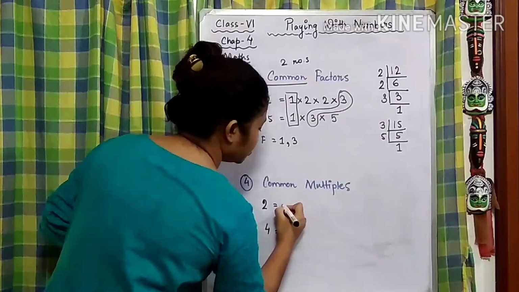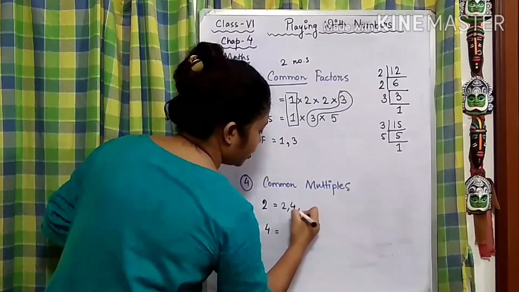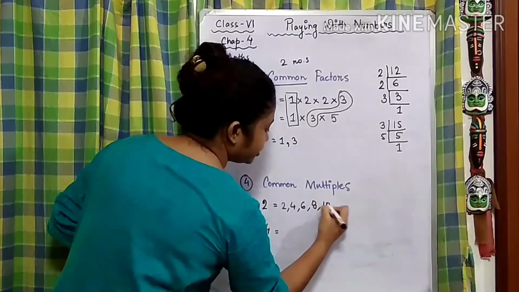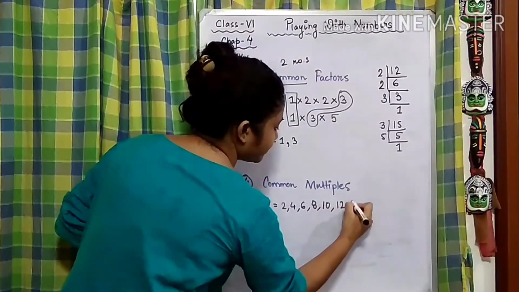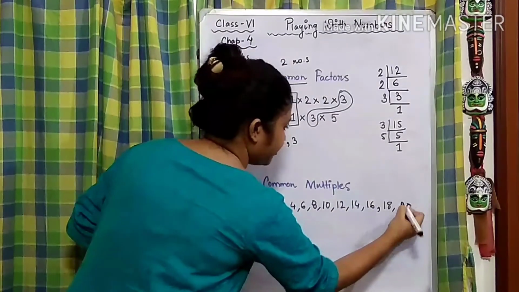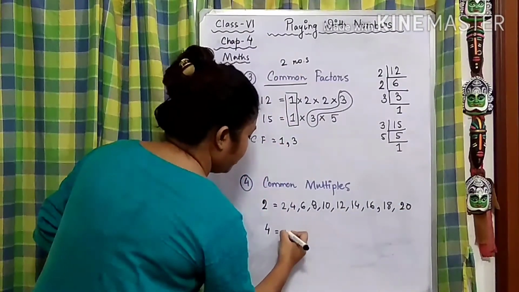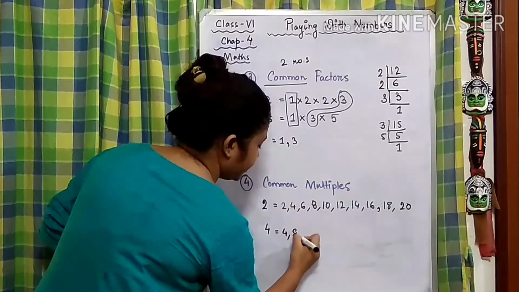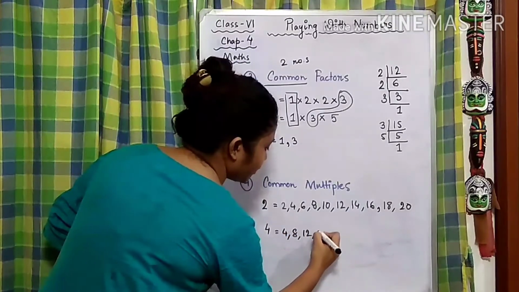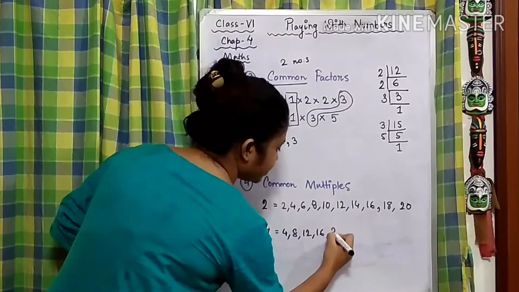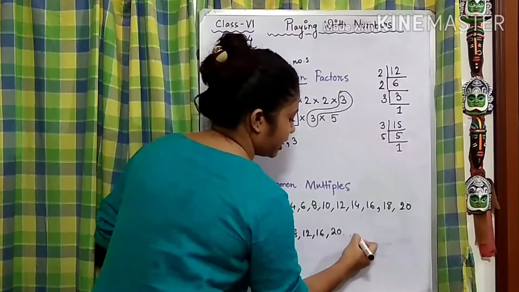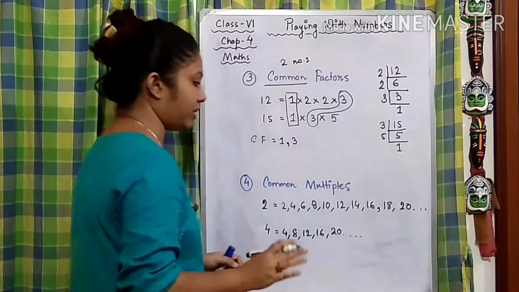So 2 ones are 2, 2 twos are 4, 2 threes are 6, 2 fours are 8, 2 fives are 10, 2 sixes are 12, 2 sevens are 14, and the last one, 2 tens are 20. Now 4 ones are 4, 4 twos are 8, 4 threes are 12, 4 fours are 16, 4 fives are 20. I am not extending it so much.